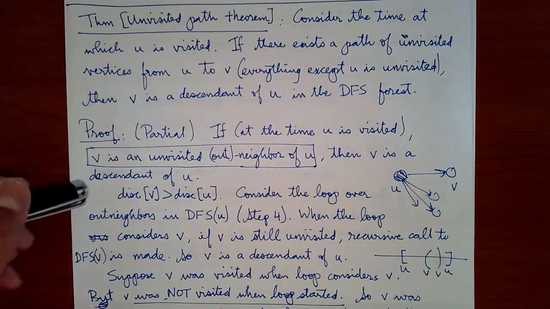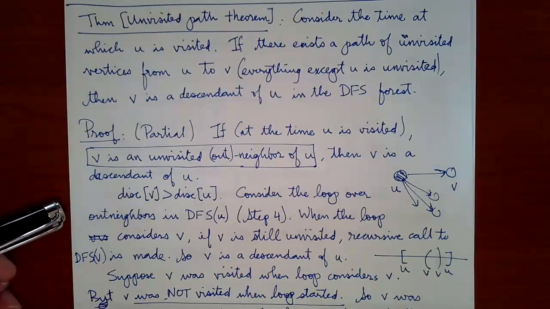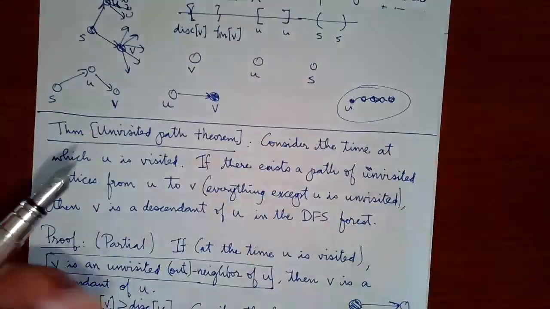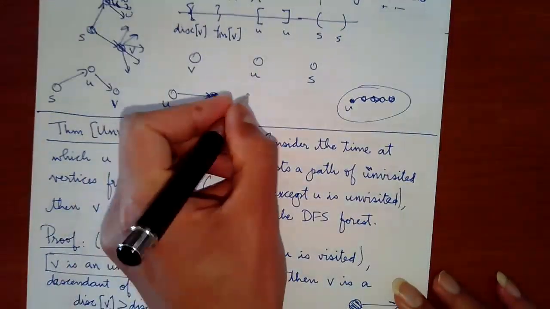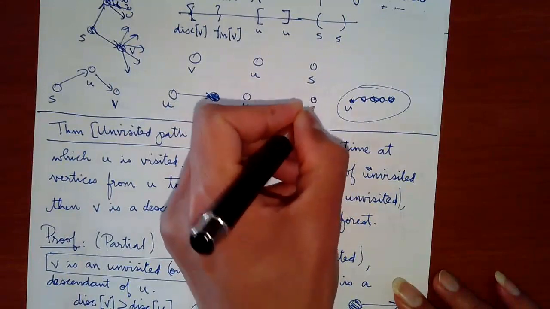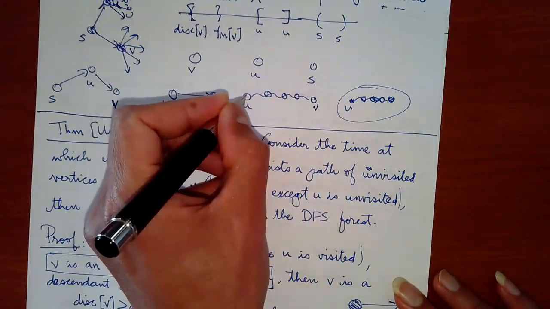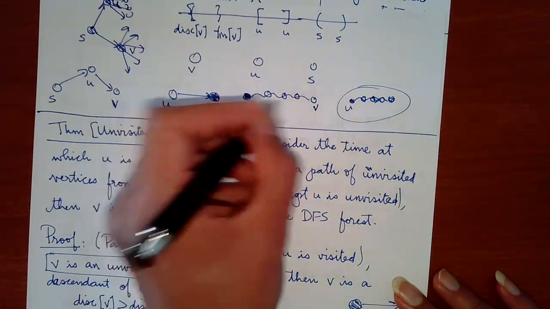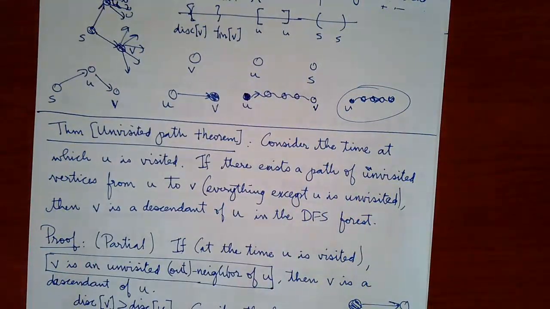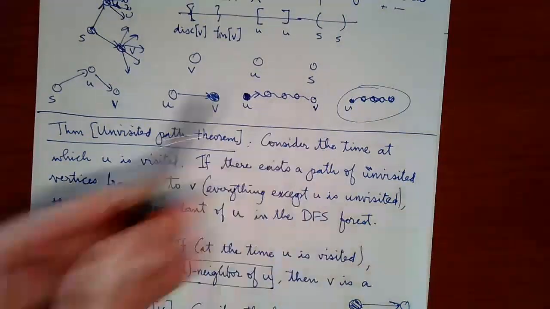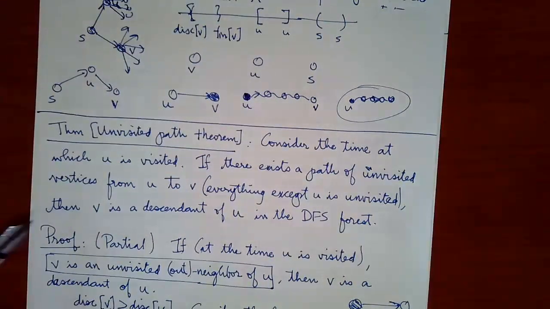If you think about it, you can actually just apply this argument with the induction. So if you take any path, you can prove it by contradiction. So I'm just going to say this and then I'll let it be. So let's prove by contradiction. Suppose there is this path of unvisited vertices from U to V. Suppose V is not a descendant.